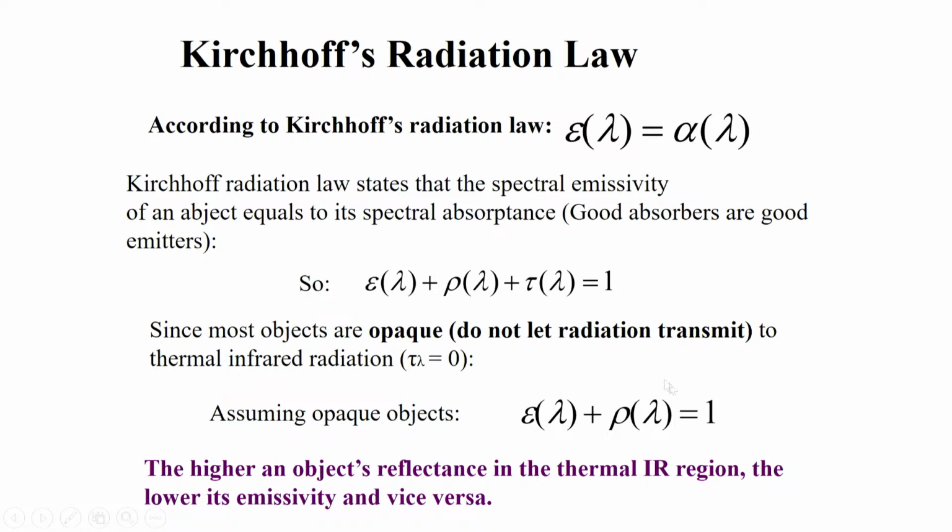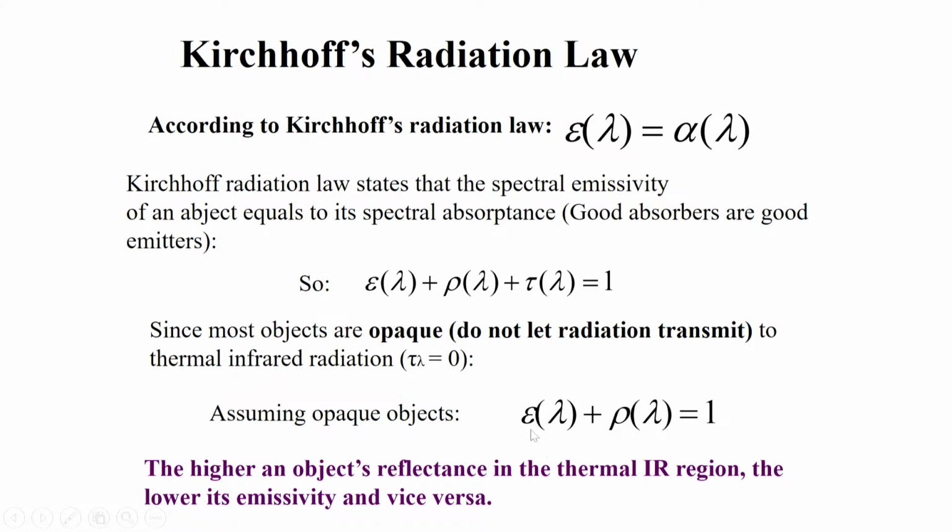It means that when reflectance is increasing, suppose reflectance is 0.8 or 0.9, at that time emissivity will become either 0.2 or 0.1. Similarly, if emissivity is very high like 0.8 or 0.9, at that time reflectance will become very, very low. It means that all the objects which are good reflectors will be poor emitters; their emissivity will be very, very low.